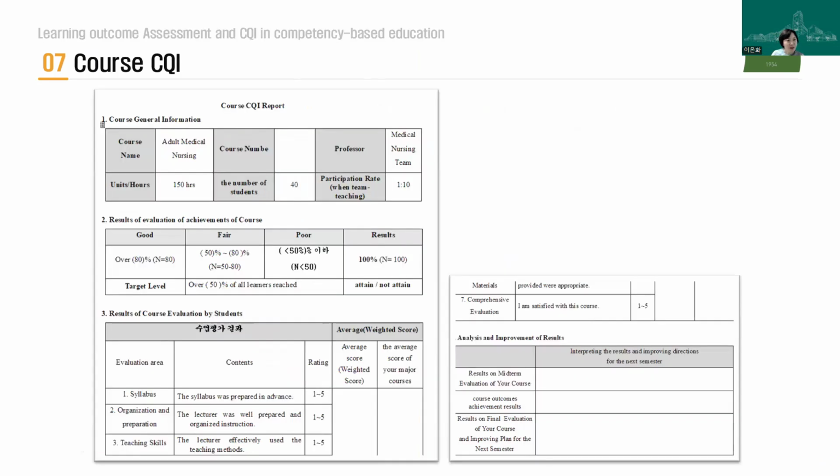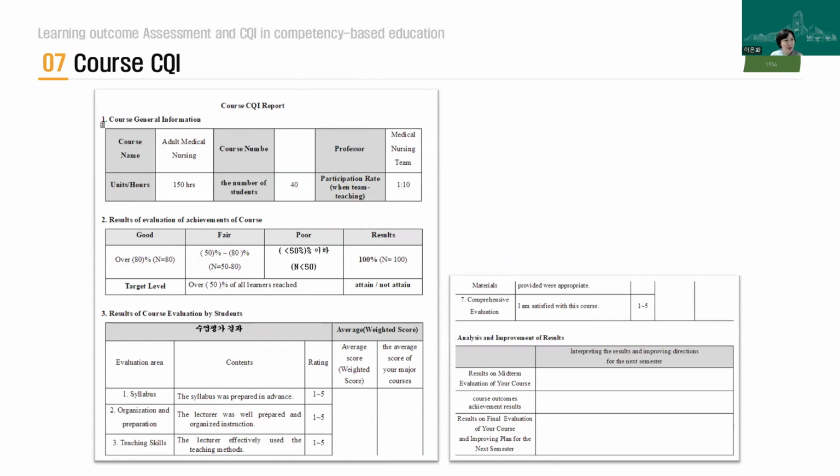This final slide shows a complete course continuous quality improvement report. The left page contains the course general information, the results of evaluation of achievement of course learning outcomes, and the results of course evaluation by students.